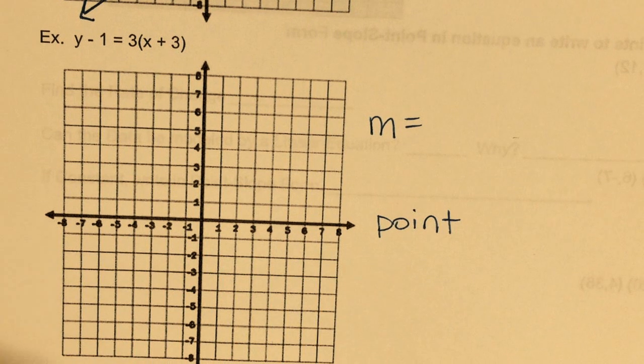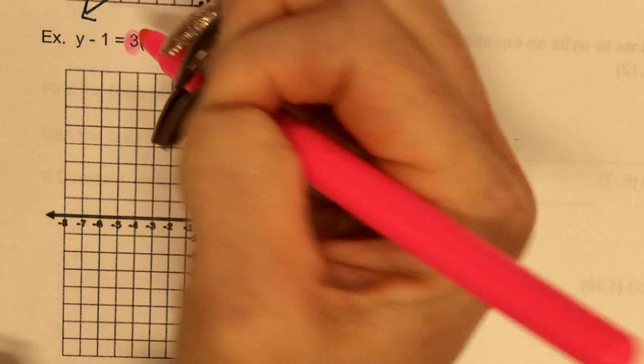I want you to make sure you identify your point and your slope correctly. Okay, what was the slope? 3.